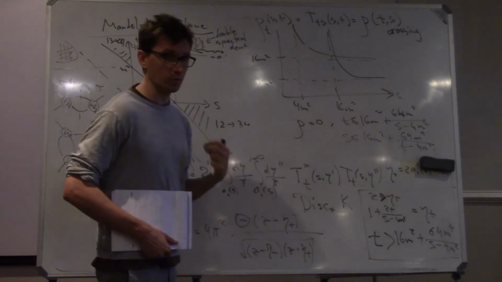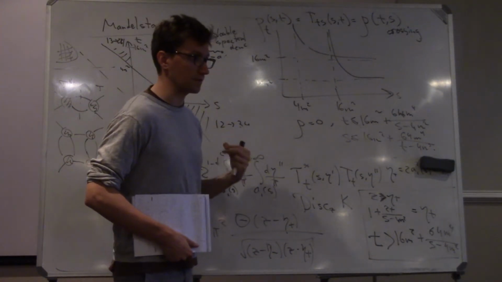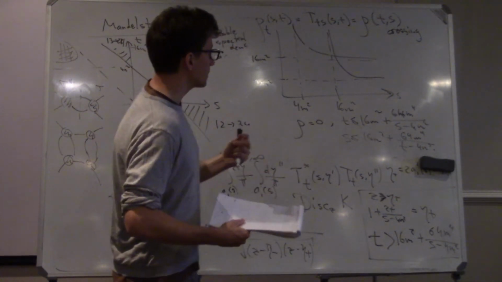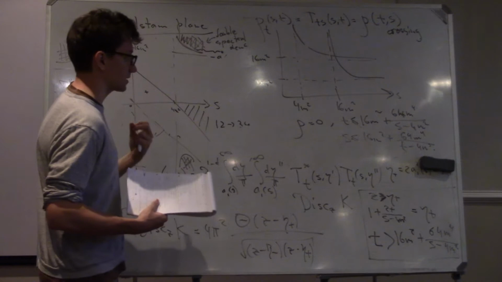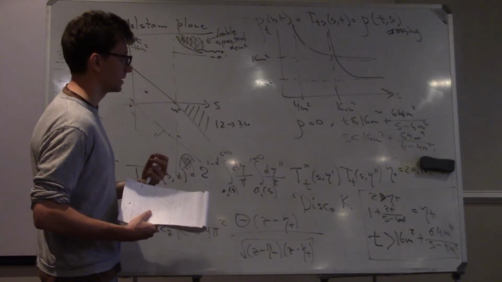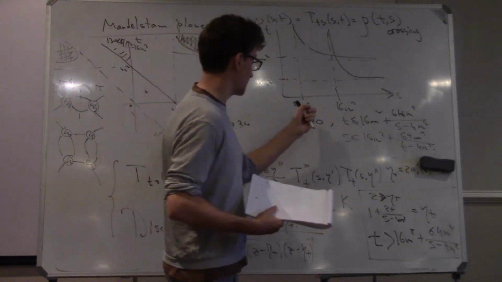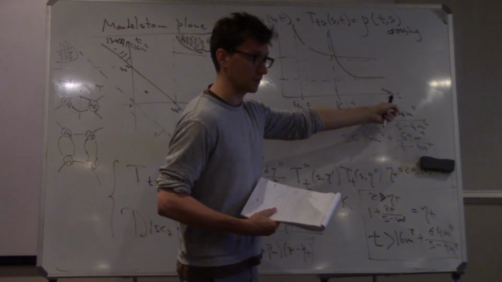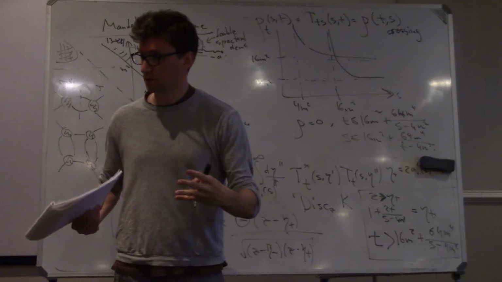Now imagine that there is no production. That's the assumption of X. If the theory does not have production, this elastic unitarity applies not only between 4 and 16, but it applies also for larger values, right? Because new channels do not open.